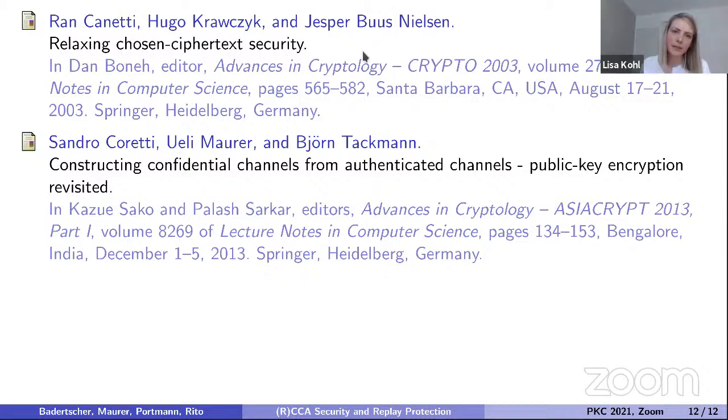Yes, exactly. So the issue is that there might be PKE schemes which are malleable and still are RCCA secure. For example, if you consider the binary message space, then when you submit 2 challenges to the game, you just get, presumably, one encryption of 0 and one encryption of 1.